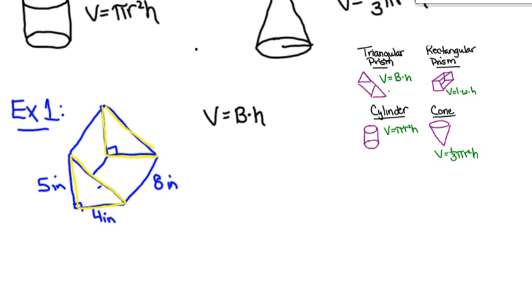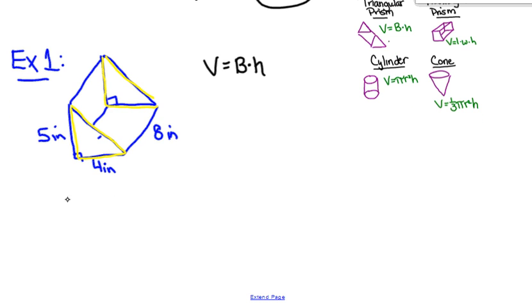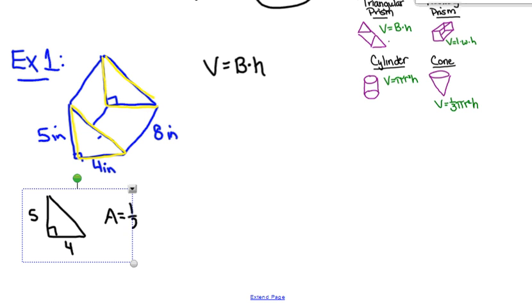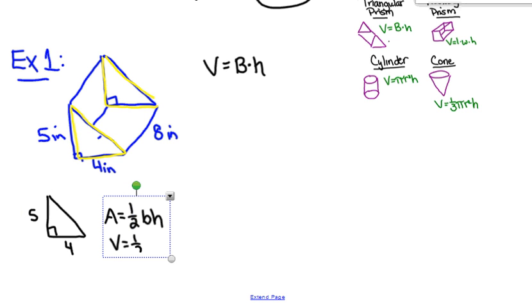My base is a triangle, so I want to go ahead and begin by finding the area of that triangle. So remember, the formula for area of a triangle is 1/2 times base times height. I went back and changed area to a V by mistake.